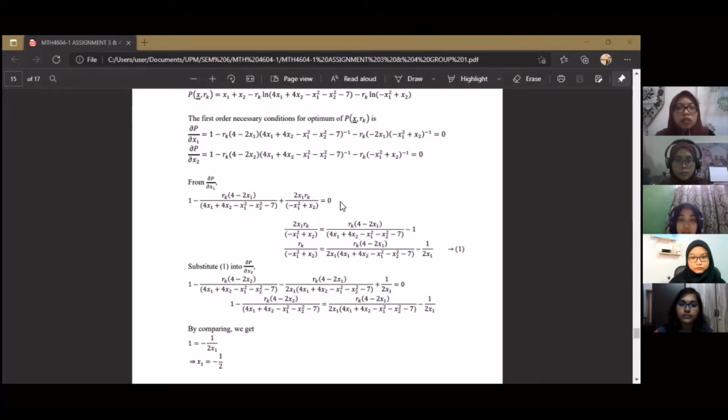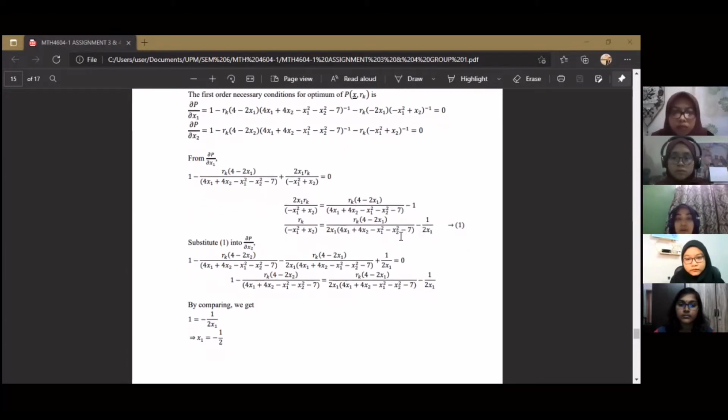And then we make 2x1 rk over negative x1 square plus x2 to the left hand side, and the two terms we make it to the right hand side, which is rk (4 minus 2x1) divided by (4x1 plus 4x2 minus x1 square minus x2 square minus 7) minus 1.